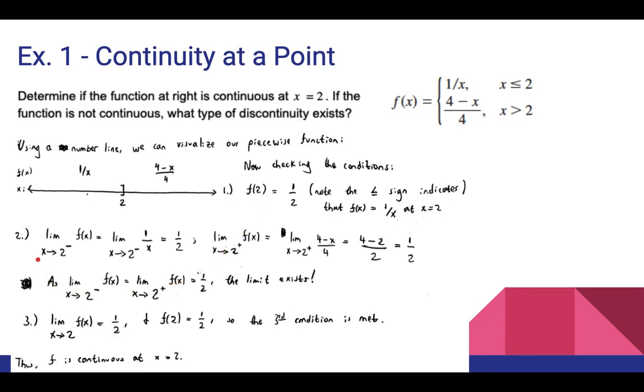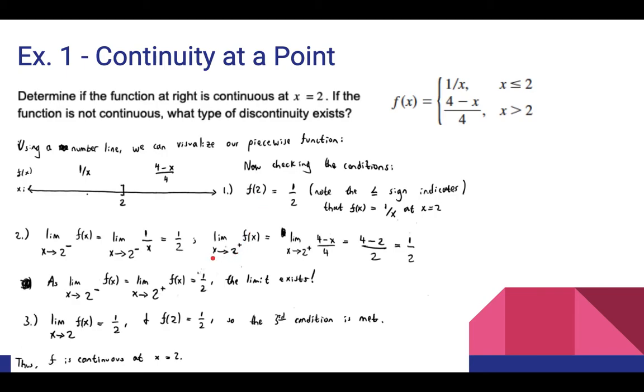Now if we look at step 2, the limit as x approaches 2 from the left of f of x is going to be equal to the limit as x approaches 2 of 1 over x, which just gives us 1/2. In fact, when we have this less than or equal sign, we could actually just condense step 1 and step 2 for 1 over x, since the function is the same for approaching from the left and for step 1.